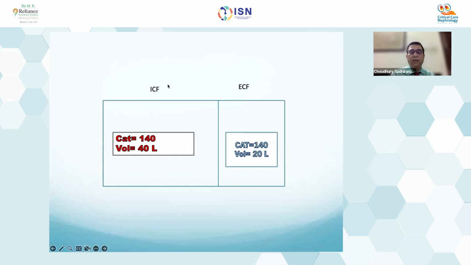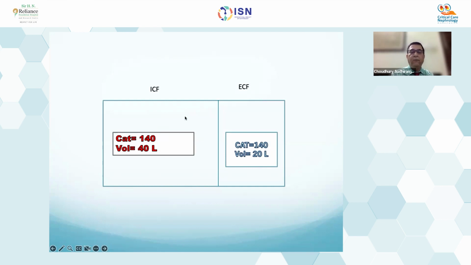In the intracellular fluid and the extracellular fluid, say the cation is 140 milliequivalents. The cation is basically sodium or potassium, and they behave in a similar way. So the cation in the intracellular fluid will be potassium, whereas in the extracellular fluid it will be sodium, and they are almost equivalent to each other.